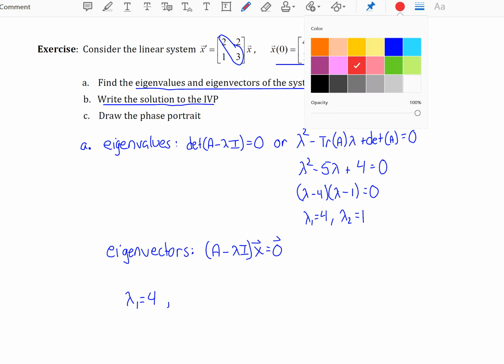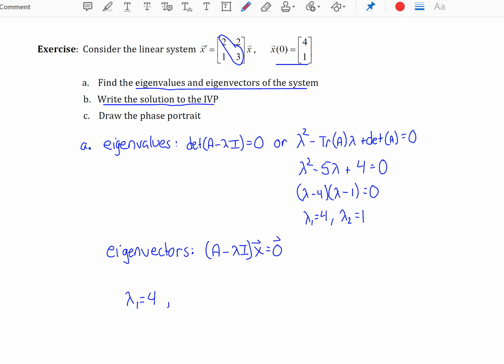Now remember, when we're looking for our eigenvectors, we're always subtracting lambda off of the main diagonal only. When we subtract lambda off of our main diagonal, I think we'll get negative 2, 2, 1, negative 1.